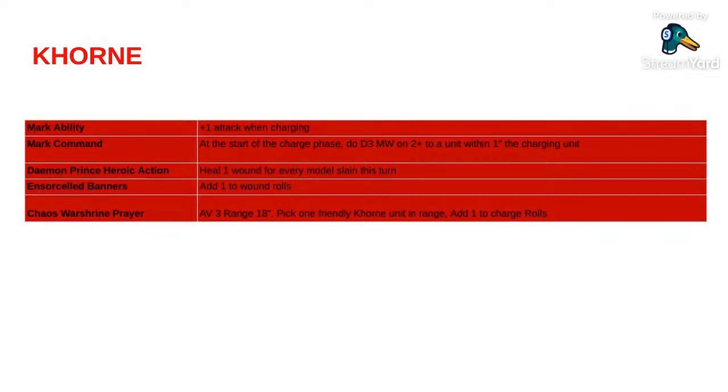Anyway, what does the KHORNE mark actually do in the Slaves to Darkness Battletome? When your units with the KHORNE mark charge, they get +1 attack to all of their melee weapons in that combat phase. That is very strong, especially when you combine it with the other things where you get additional benefits for charging.